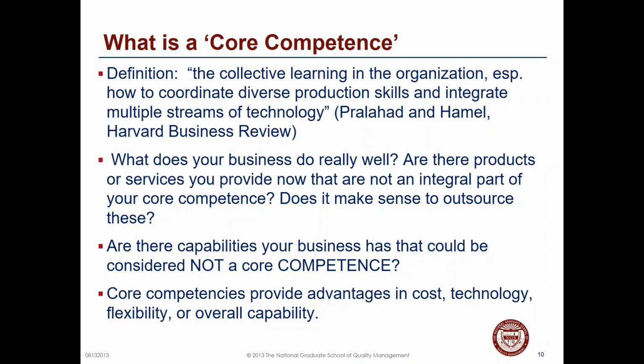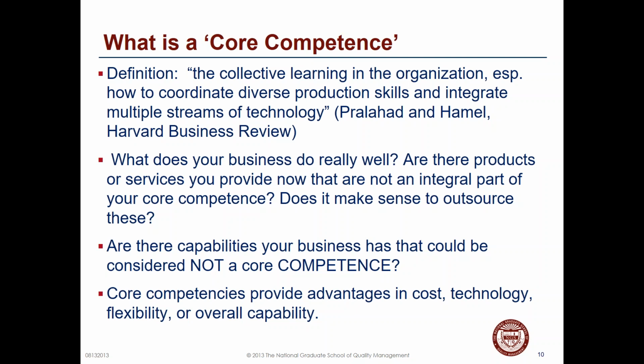It can't be easily imitated by your competitors. Now when you define your capability as that, it meets those three criteria. Now it's a competency, and those competencies relate to your sweet spot, right? So core competencies provide advantages in cost, technology, flexibility, and overall capability. And that's what you really are looking to do.